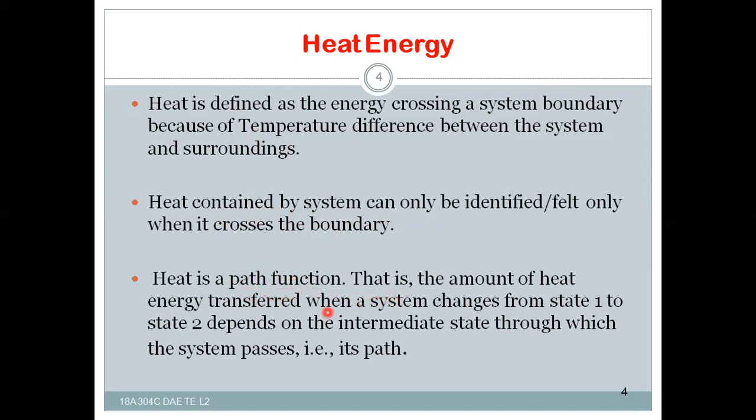The amount of heat energy transferred when a system changes from state 1 to state 2 depends on the intermediate states through which the system passes. That means it depends on the path of the system. That's why it is a path function.